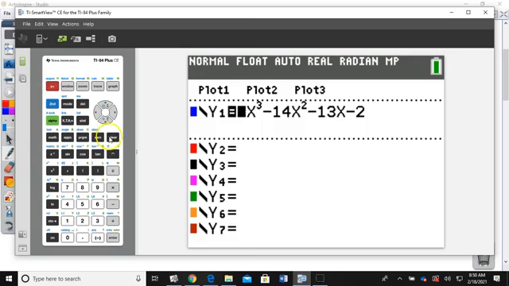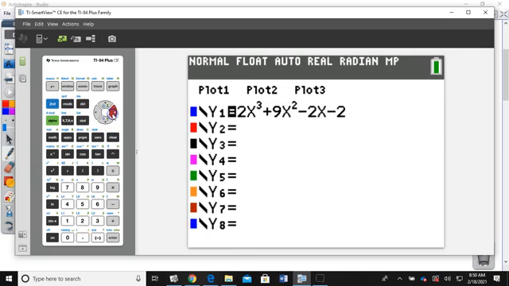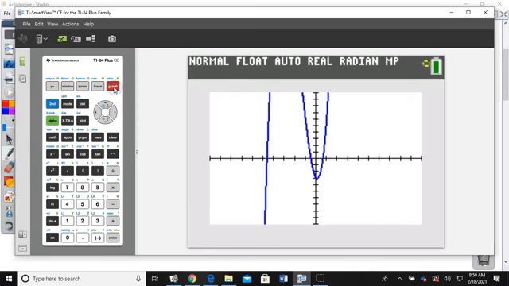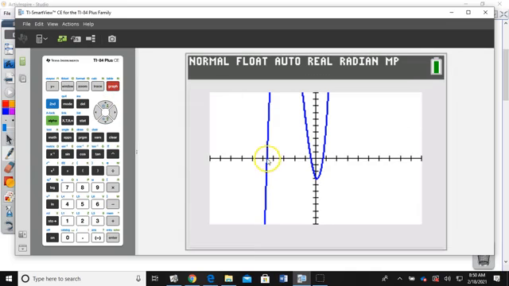That's going to be 2 plus 9x squared minus 2x minus 3. Hit graph. Again, I got 3 zeros: 1, 2, and 3.